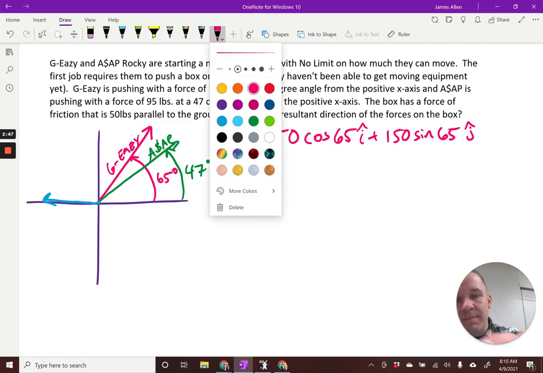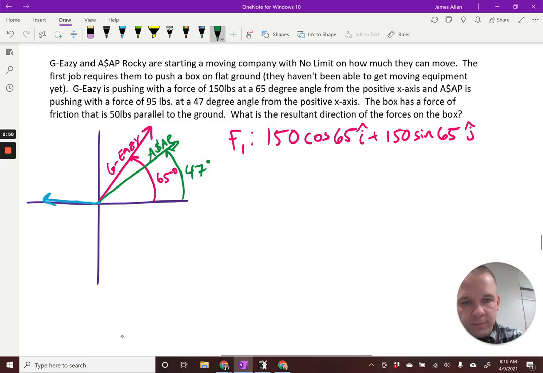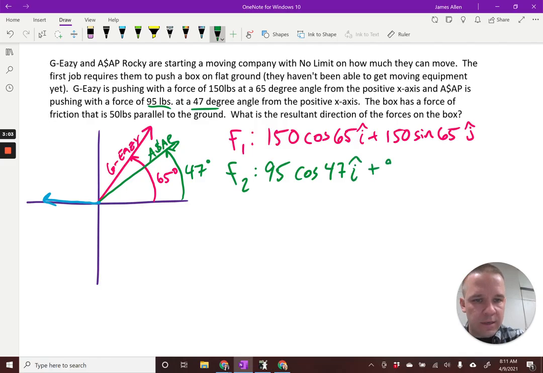Then ASAP, going green, that'll be force 2. And here we've got 95 with a 47-degree angle. So 95 cosine 47 i hat plus 95 sine 47 j hat.